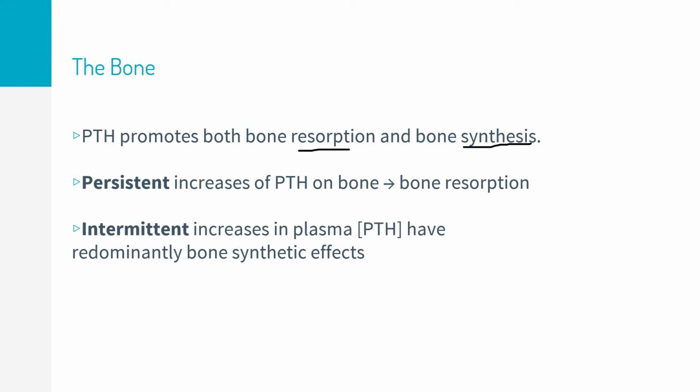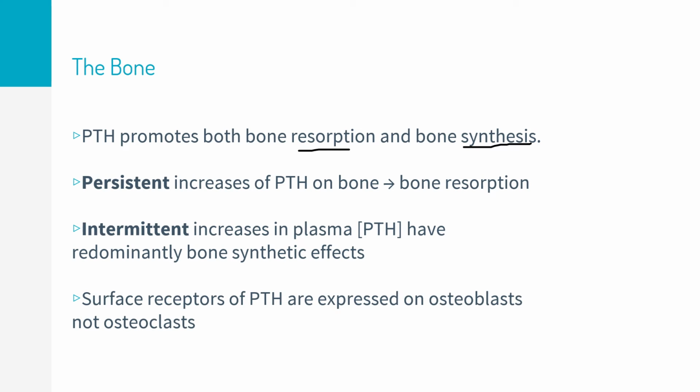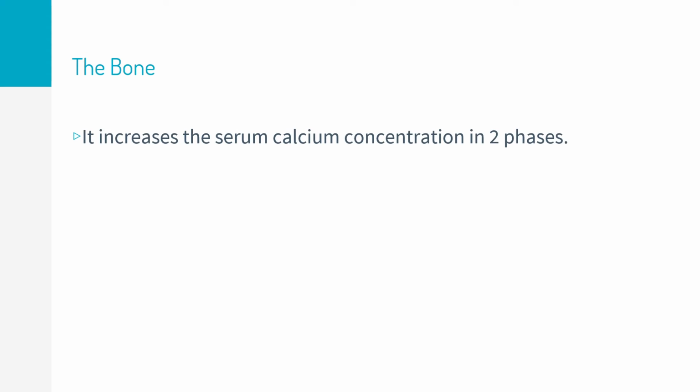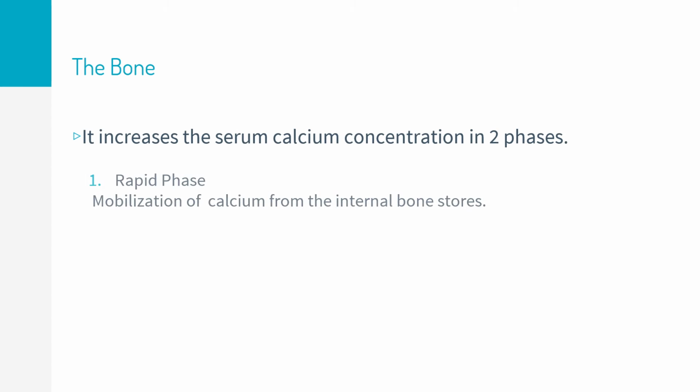However, the intermittent increases in plasma parathyroid hormone have predominantly bone synthetic effects. Okay, so the surface receptors of the parathyroid hormone are expressed on osteoblasts and not osteoclasts. Keep that in mind. Only on osteoblasts.